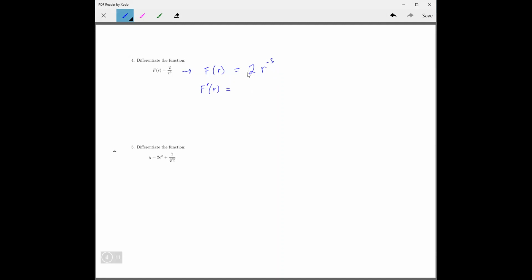So this -3 comes down. So -2 times 3 is -6. And then this r reduced by 1, -3 minus 1 is -4. And that would be acceptable. You could also, if you wanted, put it in like this. I'm sure it would accept either of these answers probably.